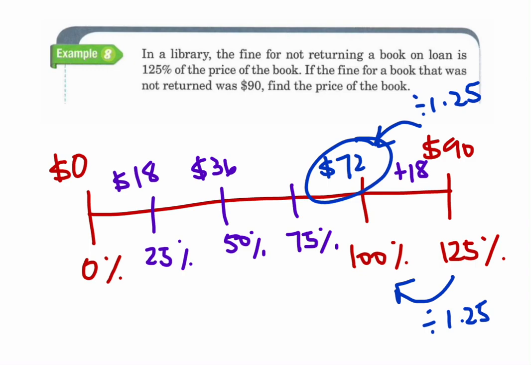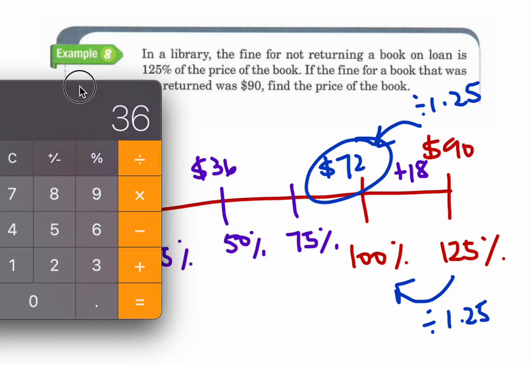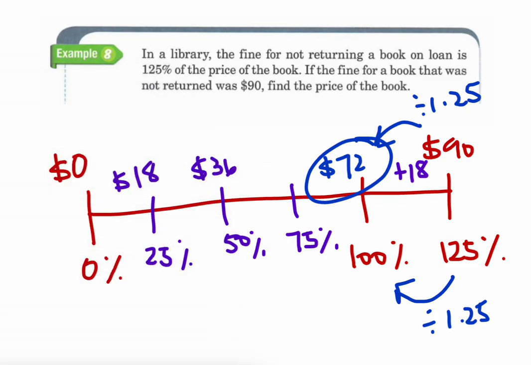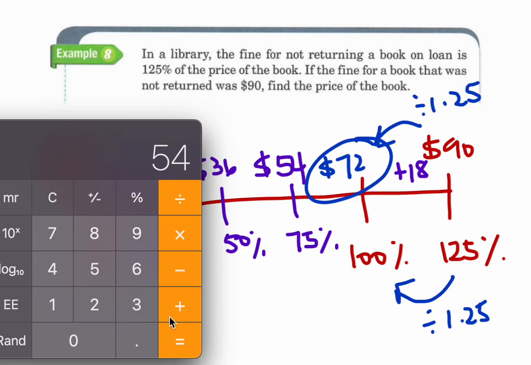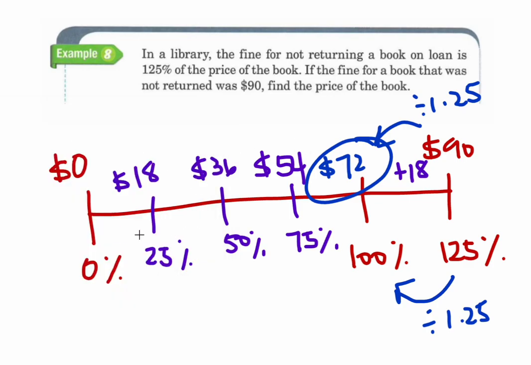So it should kind of add up. So the good thing about the double number line is you can kind of check your work. $36 plus another 18 is $54. $54 plus another 18 should get you the 72, right? So each 25% is $18.